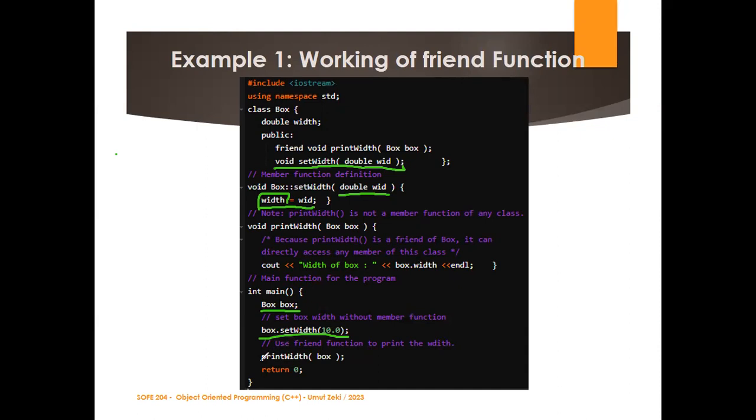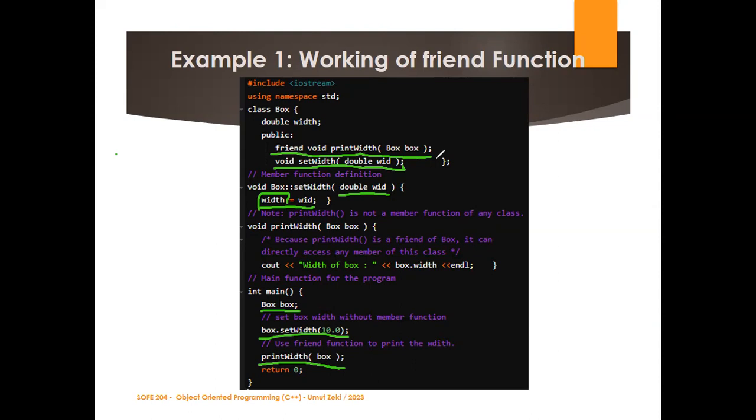Let's continue. We have another function, printWidth. When we come to printWidth, we see that it is a friend function. Because it is a friend function, we don't need to use a getter here.